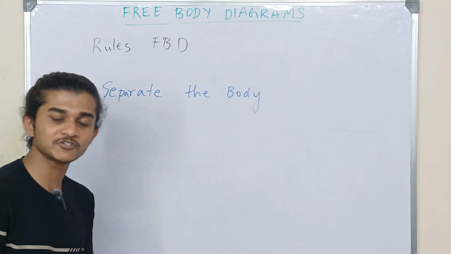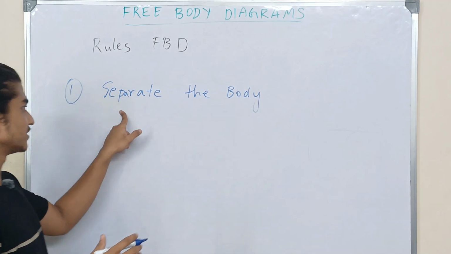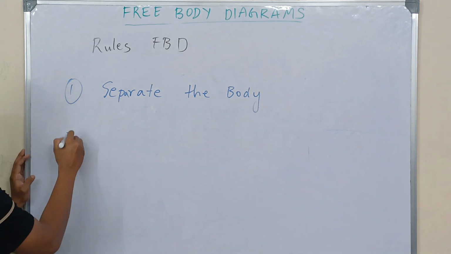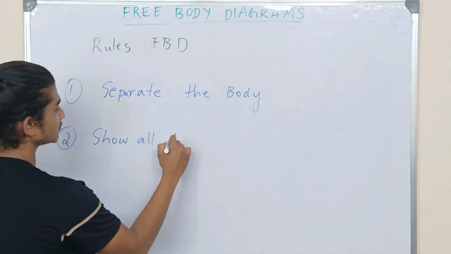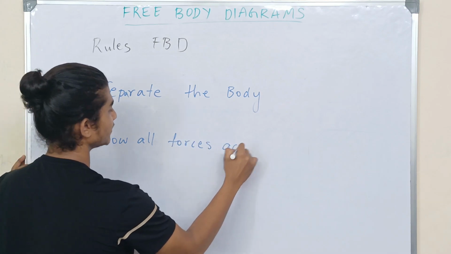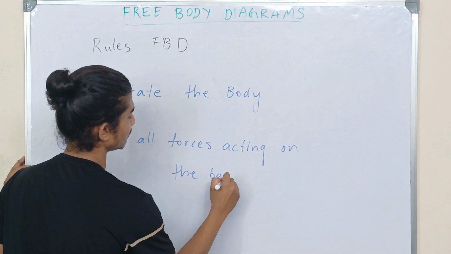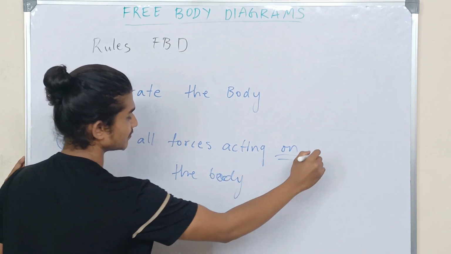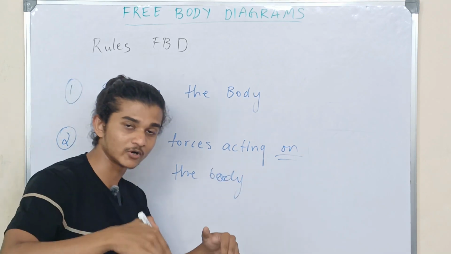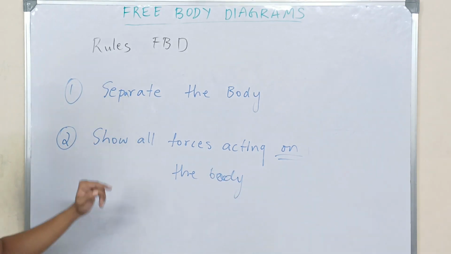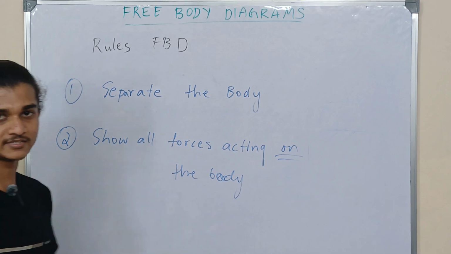First select the body which you have to study, separate the body and draw it separately. The second rule is show all the forces acting on the body. Remember, on the body, it is important, not by the body. Remember, the first rule is separate the body which you are trying to study and then show all the forces acting on the body. It's extremely easy.